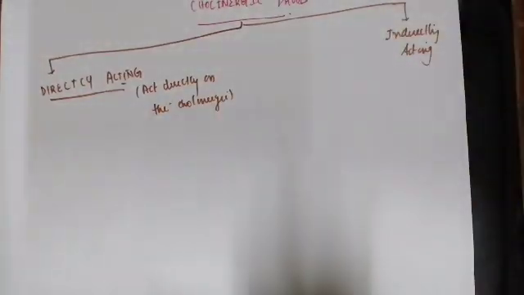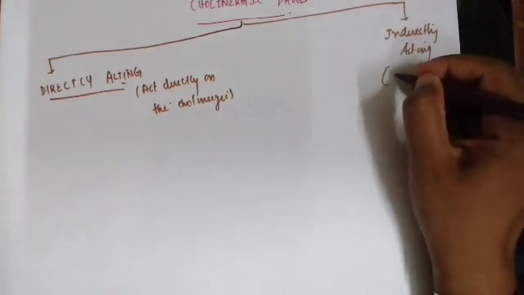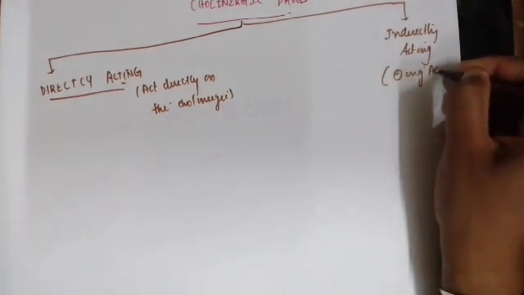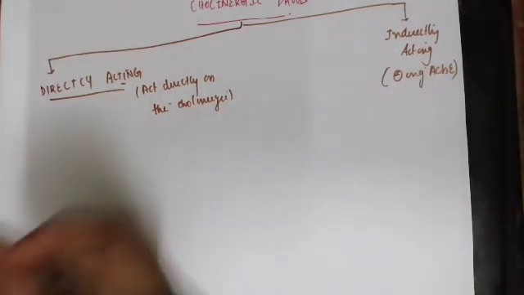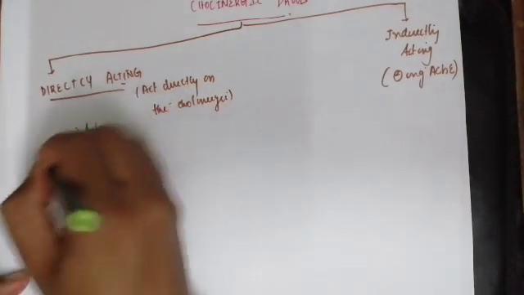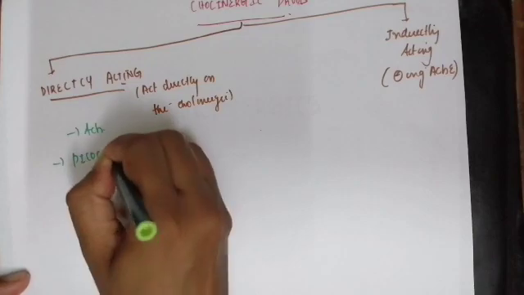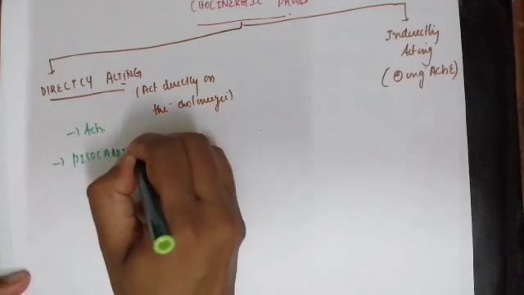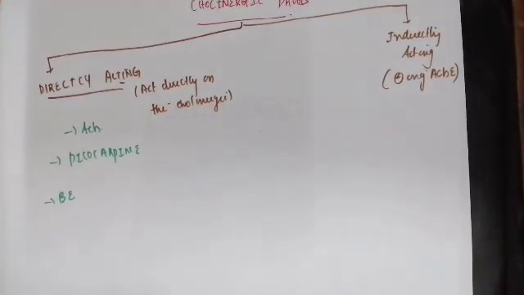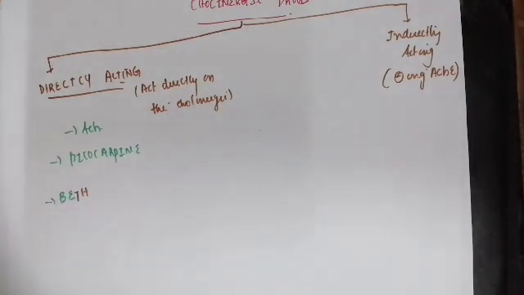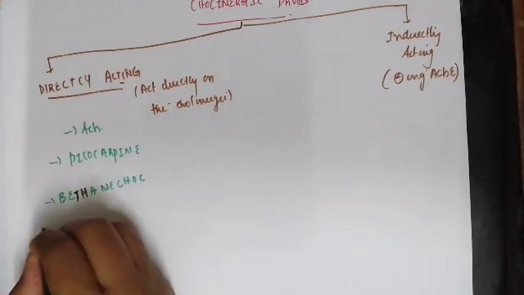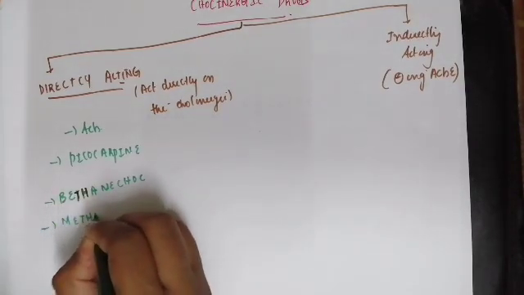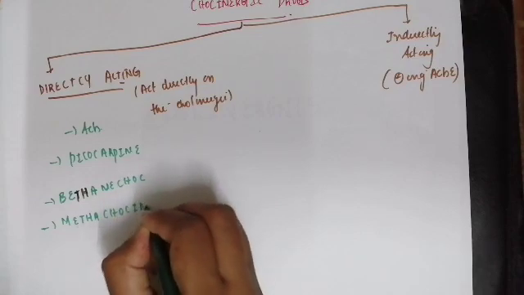So cholinergic drugs can be indirectly acting in the sense that they are inhibiting which enzyme? Acetylcholine esterase enzyme. So directly acting drugs are either acetylcholine, pilocarpine, bethanechol, methacholine, or carbachol.